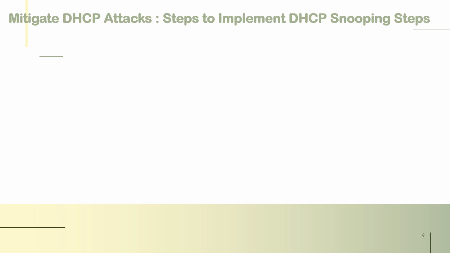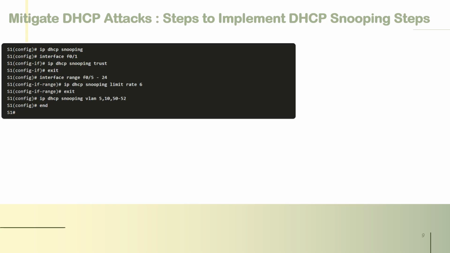So how will we do that? First, in global configuration mode, we enable DHCP snooping by using the ip dhcp snooping command.